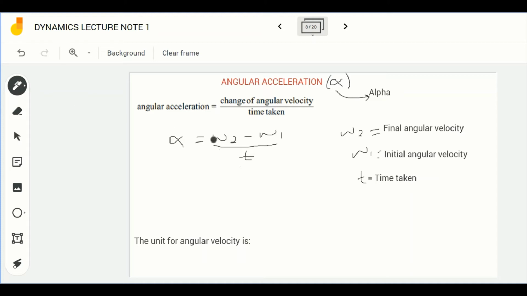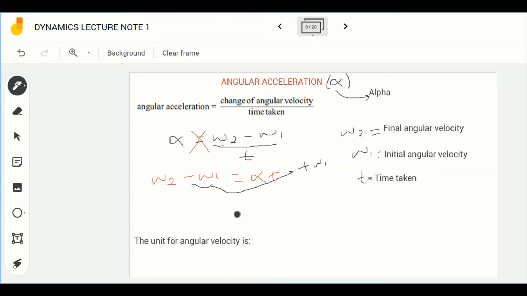But I can still break this formula down. I can make omega 2 the subject, so I will cross multiply again. So omega 2 minus omega 1 is equal to angular acceleration times t. Now I want to make omega 2 my subject, so I move my omega 1 to my right. It becomes plus omega 1.